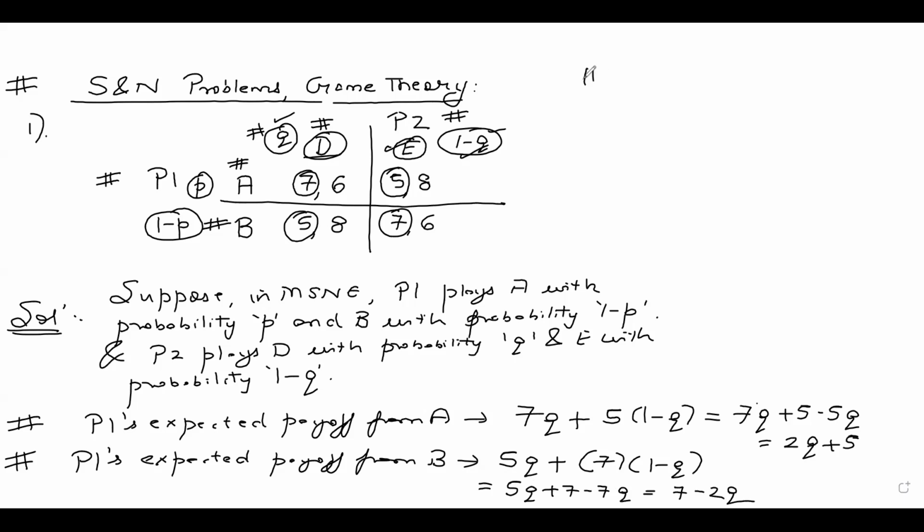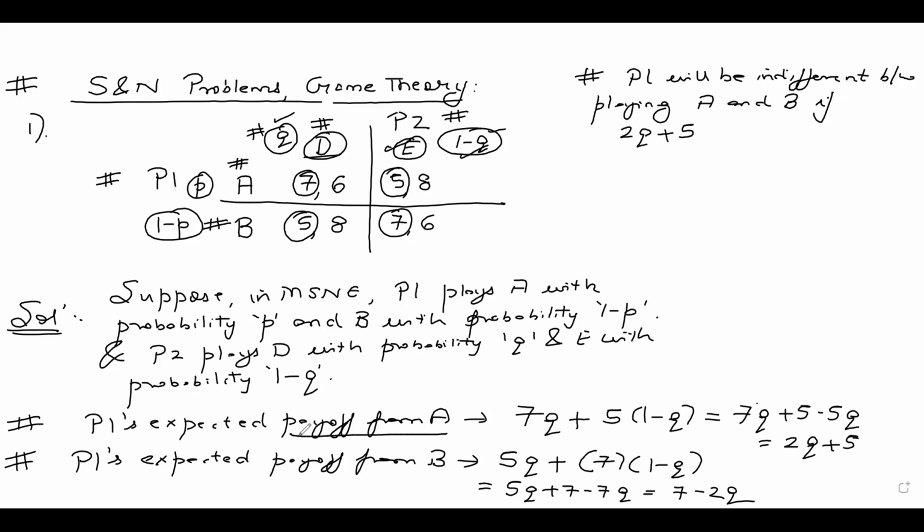So now, guys, when will player one be indifferent? Player one will be indifferent between playing strategies A and B if the expected payoff of player one from A, which is 2Q plus 5, is exactly equal to the expected payoff of player one from strategy B, which is 7 minus 2Q.